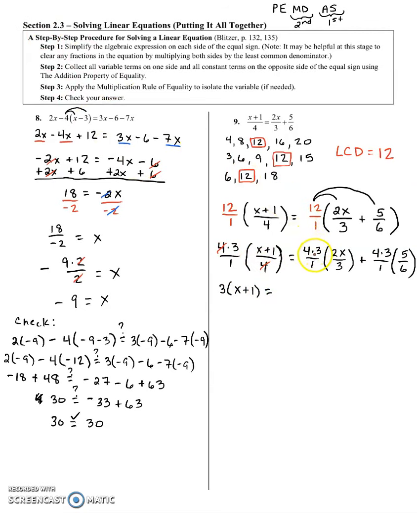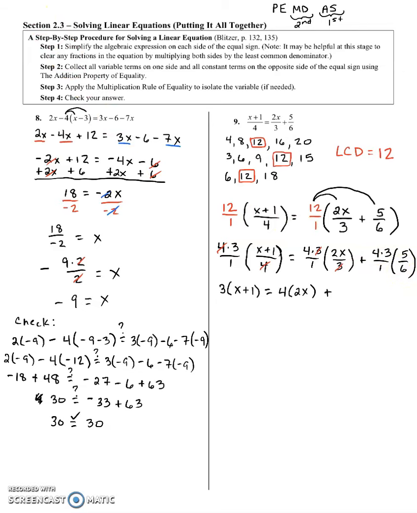On the right-hand side, for the first term, the 3's cancel. And so that leaves us with 4 times 2x plus, okay, we got 4 times 3 in the numerator, and we have a 6 in the denominator.